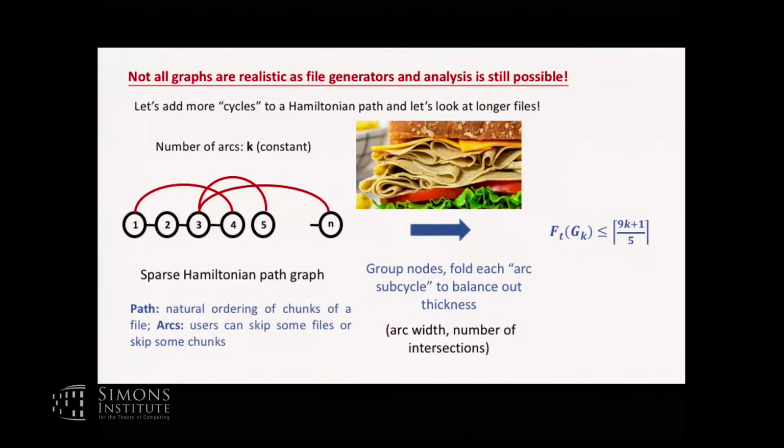And the proof is actually really nice. The proof, this is a vegan sandwich. This is a picture of a vegan sandwich from a New York deli. And it's folding. You remember it's folding. But now you have to fold multiple arcs that intersect each other. And the really beautiful idea that Yoon Han and Jin Sima, who is a postdoc in the group, had was, let's fold these things that look like cycles but have intersections.